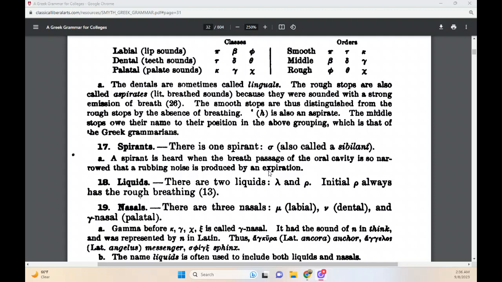So the breath produces a rubbing noise, and that rubbing noise is called a spirant. So it's the friction caused by the breath moving through the teeth that produces the sigma. S, s. That hissing sound is a spirant sound produced by the air producing a rubbing noise on the teeth.